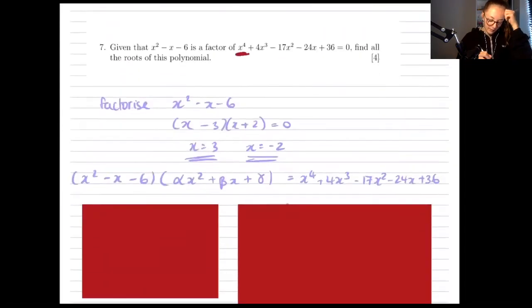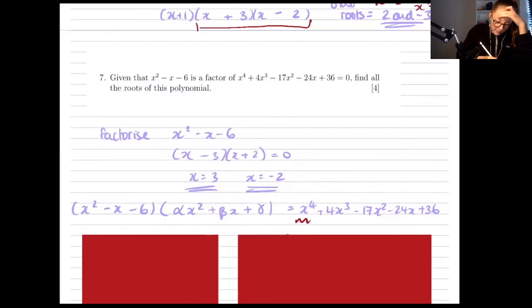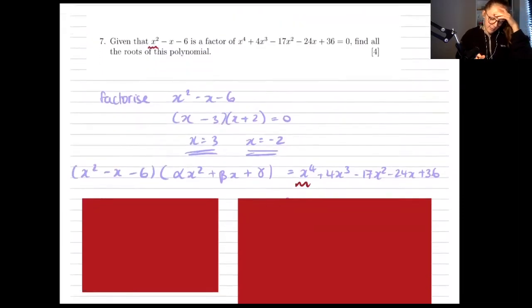And the reason I know the order of this bracket is x squared, x, x naught is because in this equation, x to the 4 is our largest power, and in this factor, x squared is our largest power.